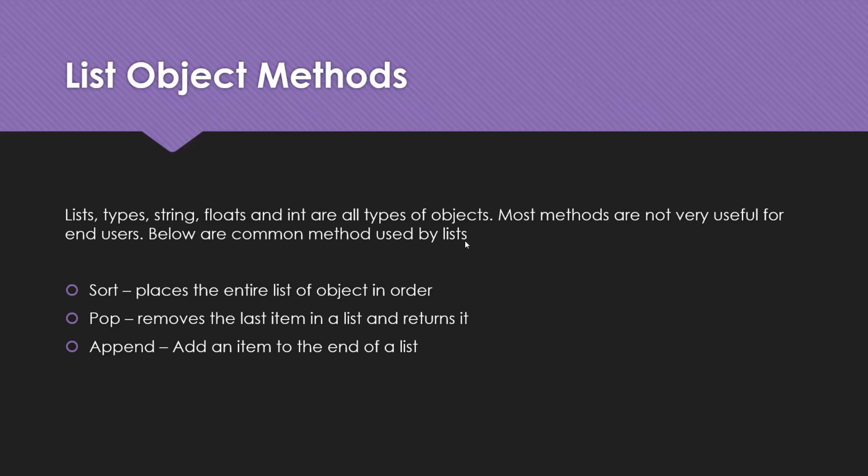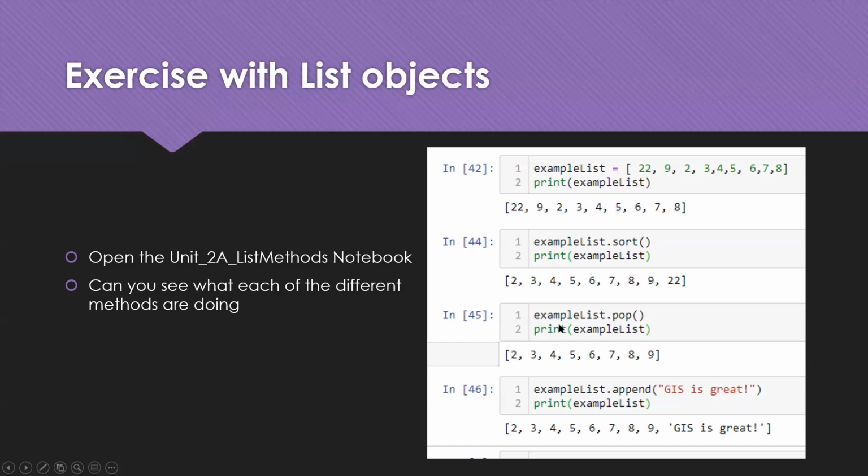So a list object contains a lot of different methods, but the ones that are most useful, I find, are sort, pop, and append. And those are just things that help add and remove items and change their order. So what does that look like?